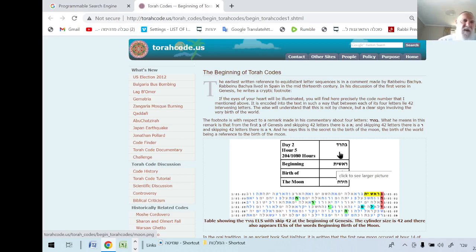At that time they reckoned 1,080, because it is a number which can be divided almost by every number, and these were 204 parts of this number. Then you have the word Bereshit, beginning. Then you have the Hebrew word molad, which is the birth, and then Hayareach, the moon. So this is what you see in this table.